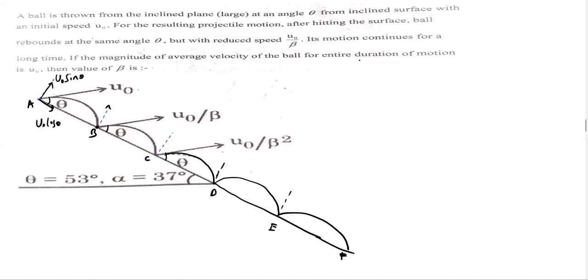Now how much will it be? This velocity should be u0 by beta sine theta. And this velocity will be u0 by beta cos theta. This velocity will be u0 by beta square sine theta, and u0 by beta square cos theta.